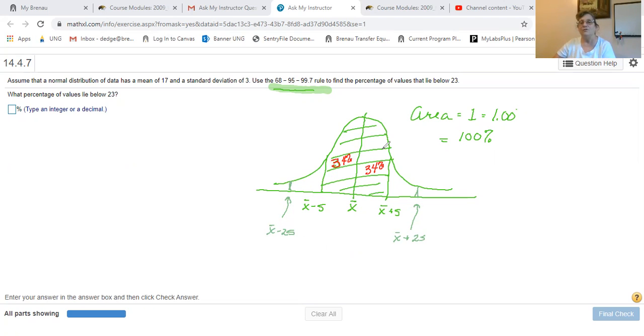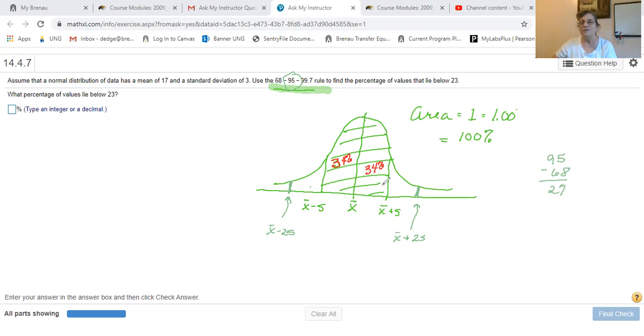The difference between the first section here and from here to here, you have 95% of your data. Well, we already have 68% of that accounted for. 95 minus 68 is going to be 27. So these 2 spots add another 27%.